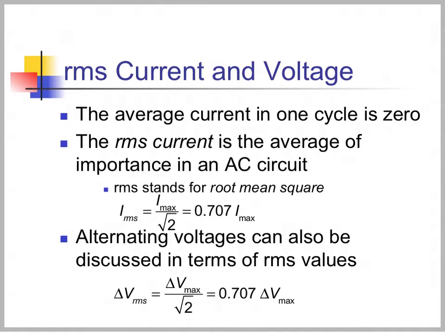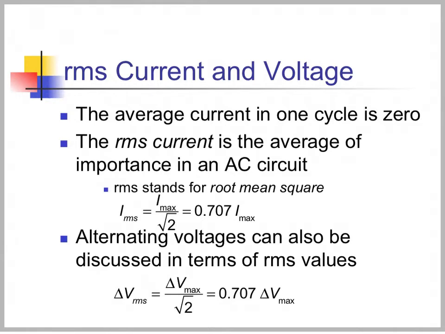Essentially, we square the voltage or the current, take the average of the square, and then take the square root. If you do that, the RMS current is always the maximum current divided by the square root of 2, or 0.707 I max.